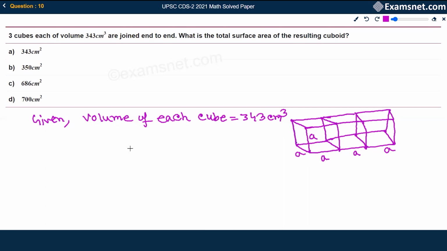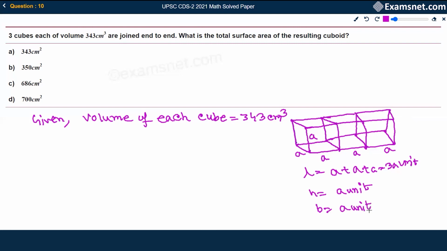Now when they are joined, it becomes a cuboid. So in that time, the length of the cuboid will be what? Look, a plus a plus a, it will be 3a unit, correct? You can see from this figure also. And this will be the length, and the height will be only a unit. Height is same. And what about the breadth? That is also a unit.